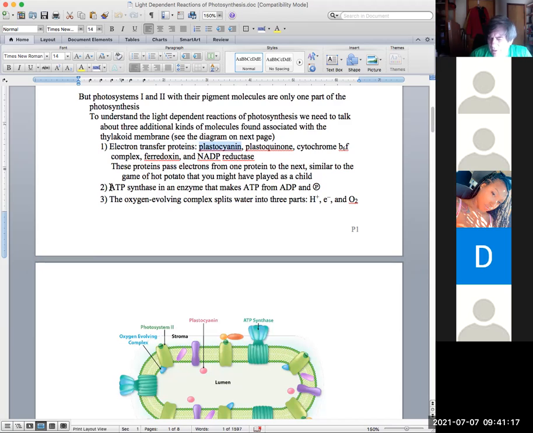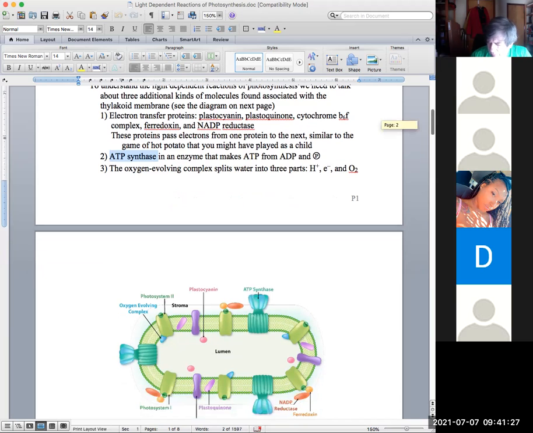There's another protein in the thylakoid membrane called ATP synthetase. And ATP synthetase, notice ASE always tells us what? Something is a protein that's working as an enzyme.